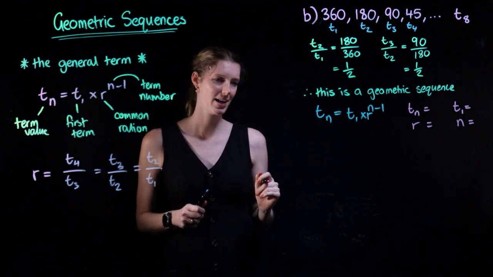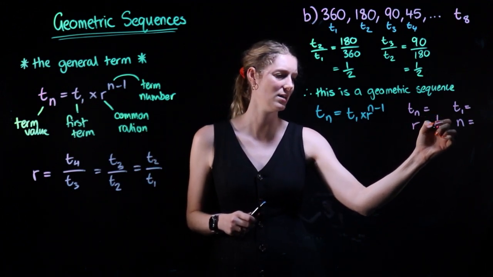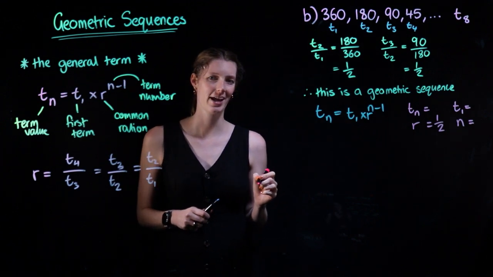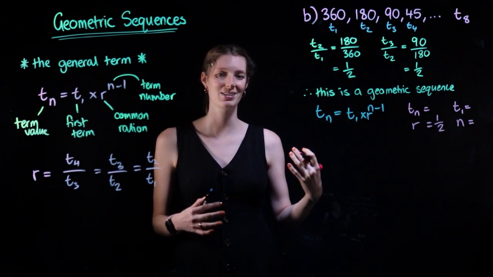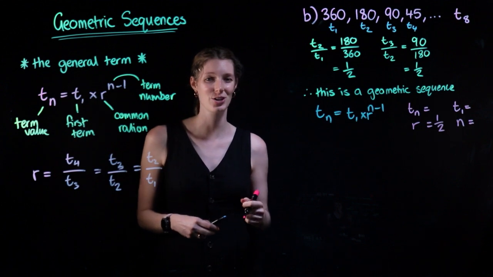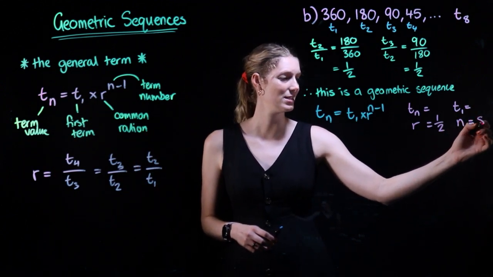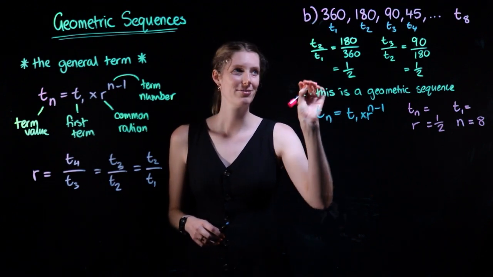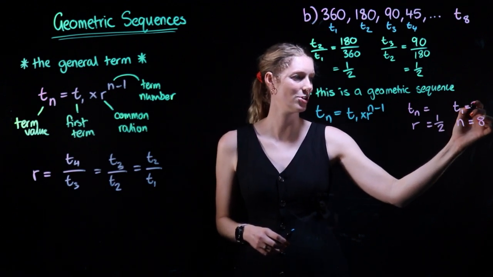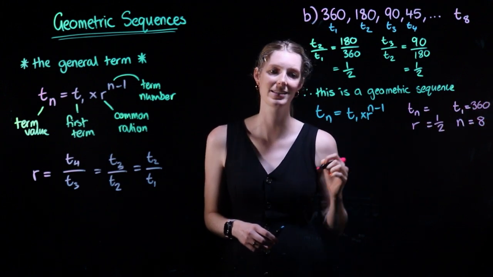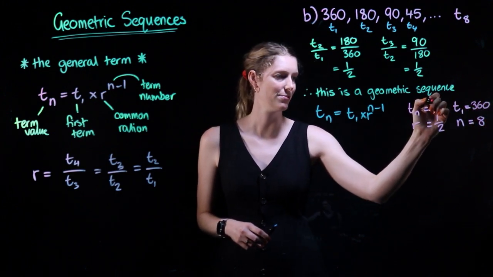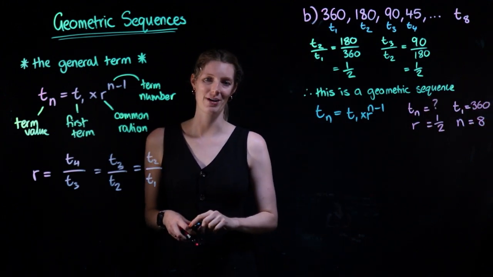So we just calculated our common ratio of 1/2. So this is indicating to us that our sequence is getting smaller over time instead of getting larger like our previous example. The term number we're trying to find is 8, and we identified up the top here that our first term is 360. So we're left with finding our unknown term value.